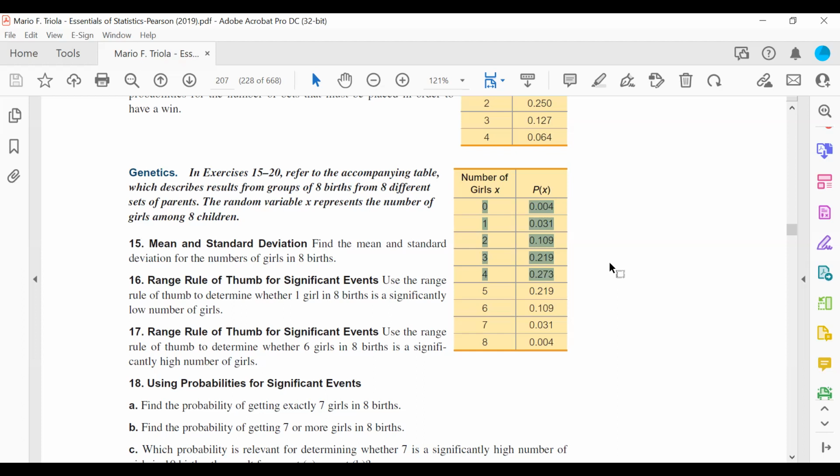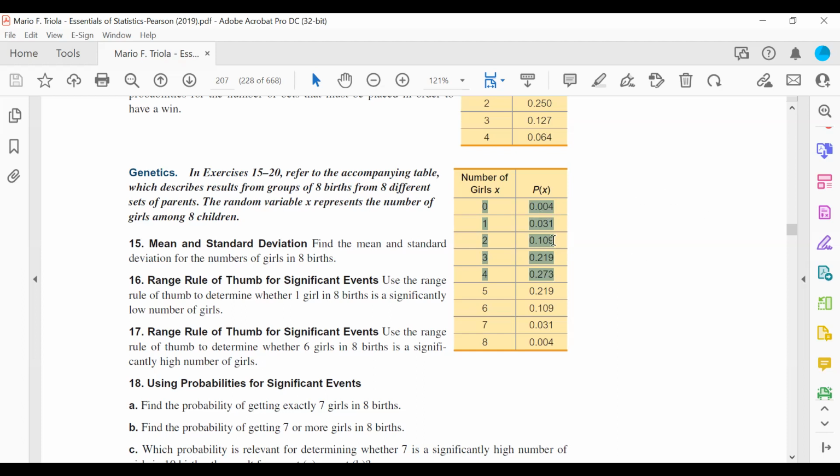Oh, I got an error. Why did I get an error? Okay, I'm going to have to add them again. 0.004 plus 0.031 plus 0.109 plus 0.219 plus 0.273 is 0.636.